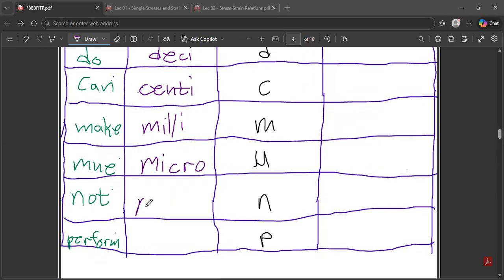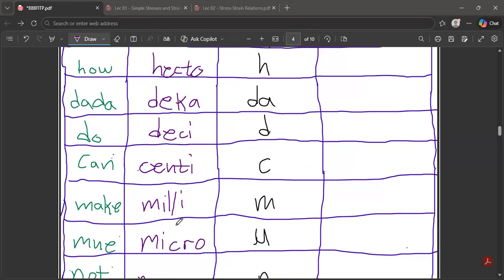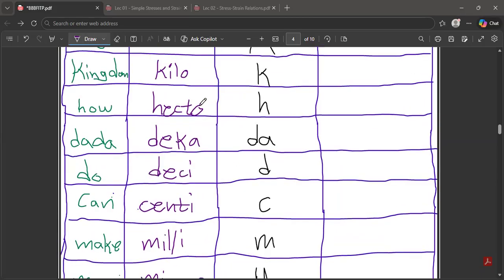And this is nano, followed by the pico. Take note, there are more SI prefixes, but for this course, these are the ones we are going to be focusing on. It's good to also learn the other ones too.